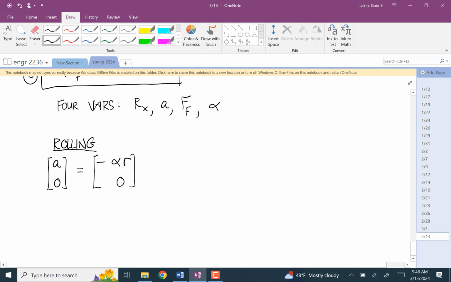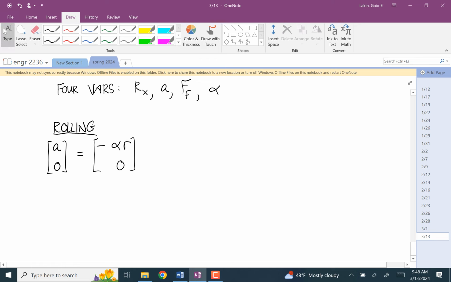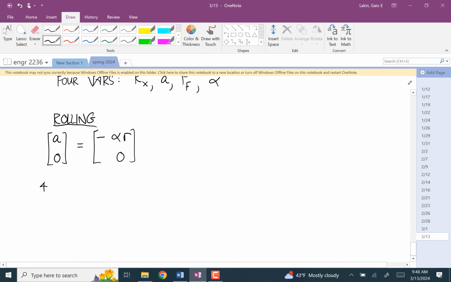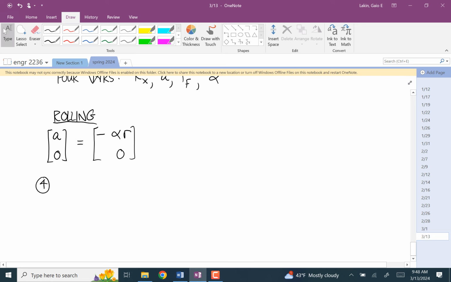I'll give you that equation on tests, but we're using that all the time. And so our fourth equation says a is equal to negative alpha r. And so now we have four equations for four variables. We didn't come up with any new variables in that equation.